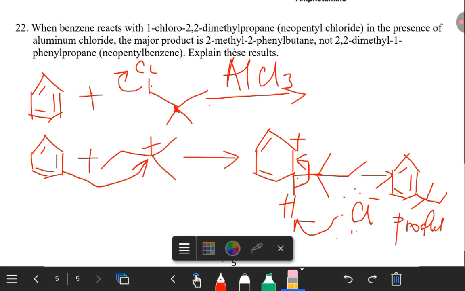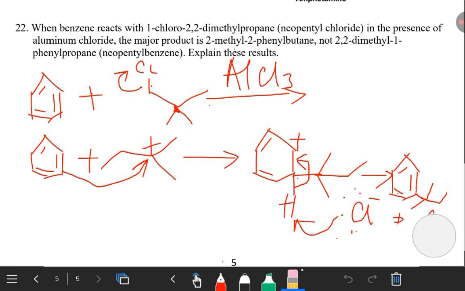Apart from this, that chloride can also react with the hydrogen. So this can also form hydrogen chloride. So we are going to say hydrogen chloride is also part of our product, rather.